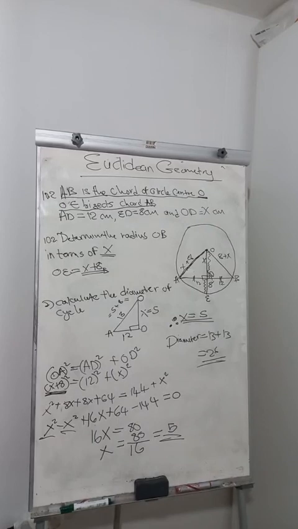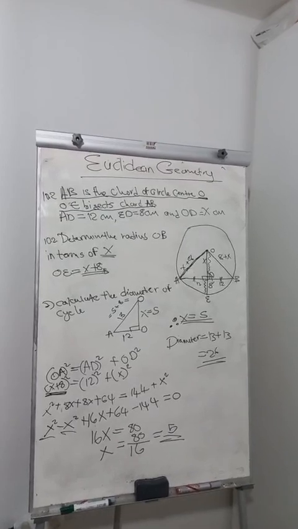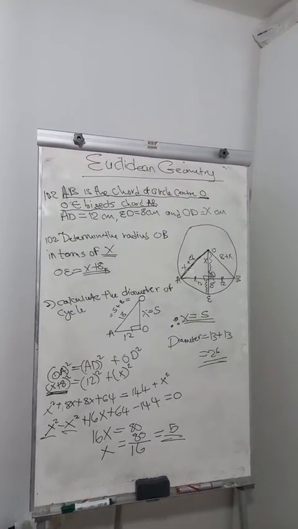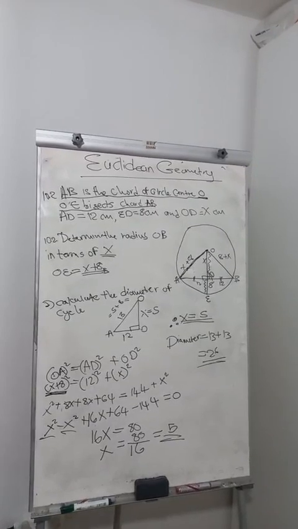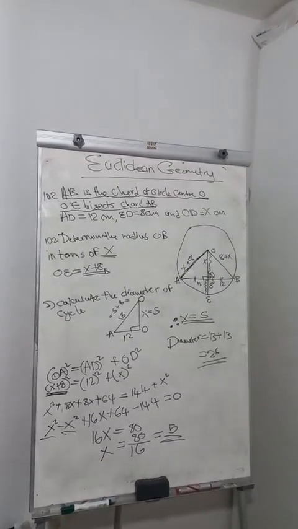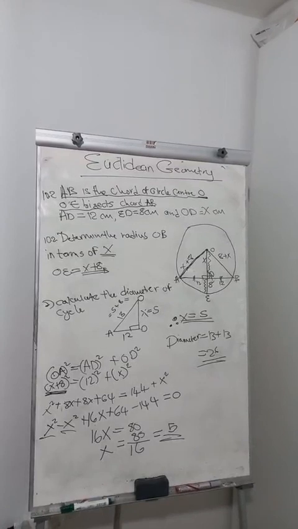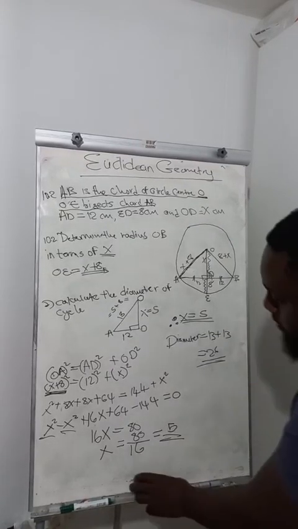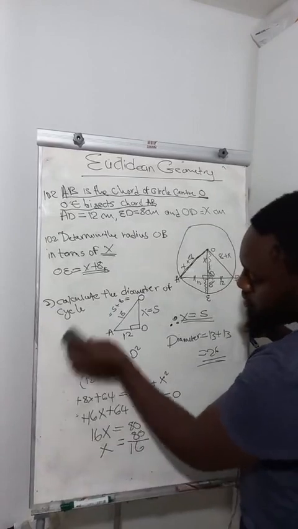OB and also OA, they are the same. They are equal. They are radiuses. I'm not seeing any other question, so it means we are fine. Now let's move on.